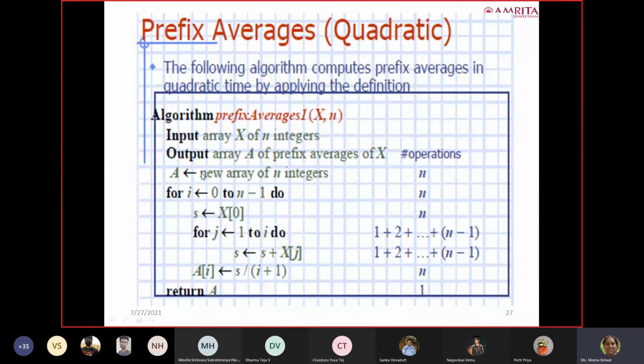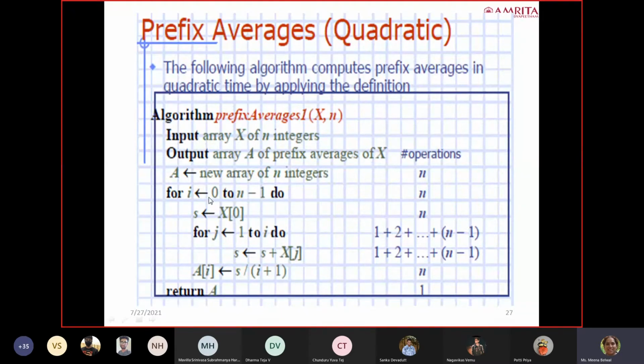What it does is it first says that you are going to introduce an array A that is a new array of n integers. X is already given to me, so first you declare array A that is a new array of n integers.